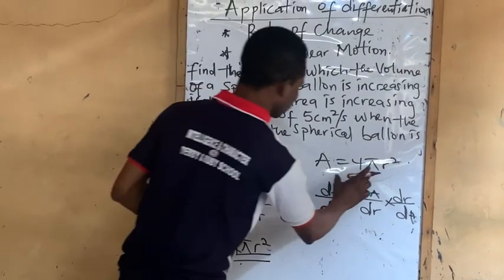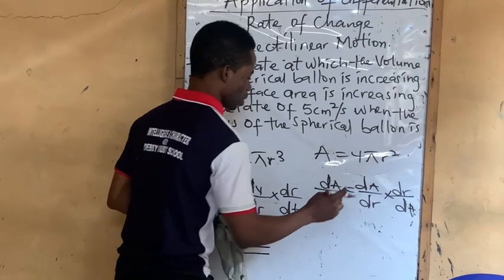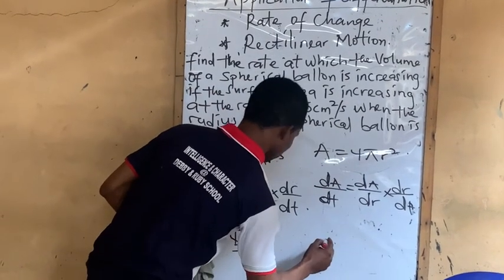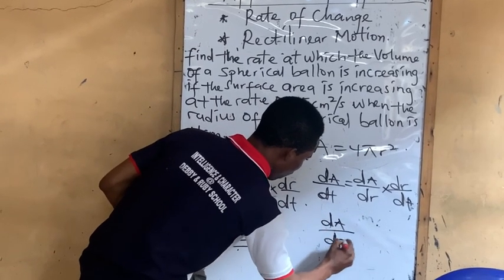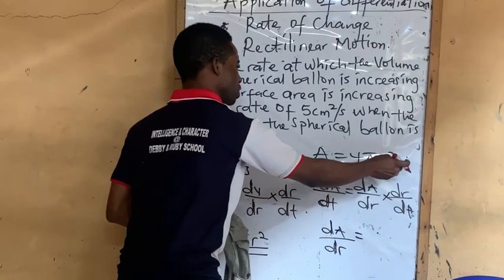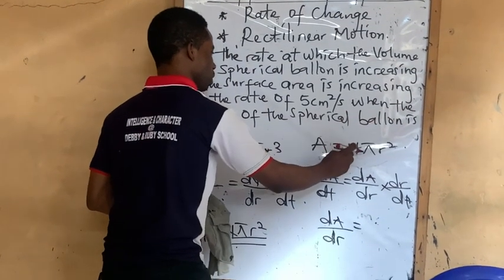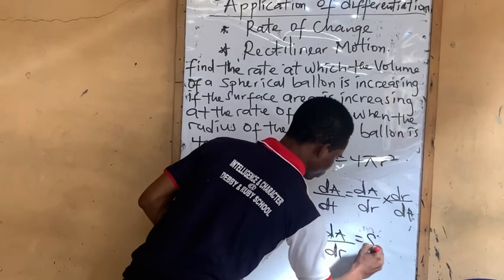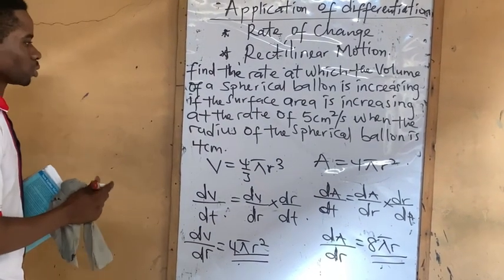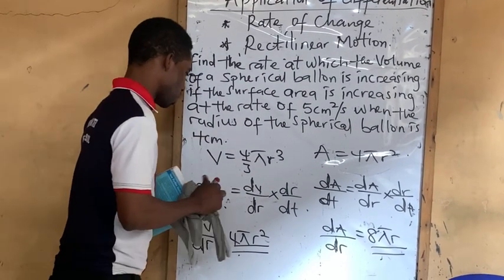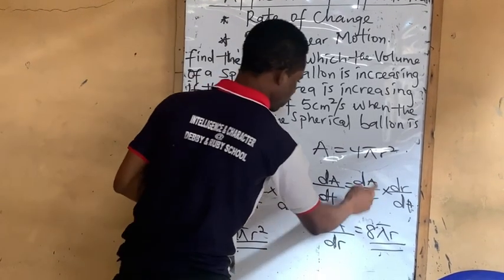Now, if I want to get my dA/dr, what will I do? If I differentiate this, if I bring the 2 here, that will be 8 pi r. So I've gotten my dV/dr, and I've gotten my dA/dr.